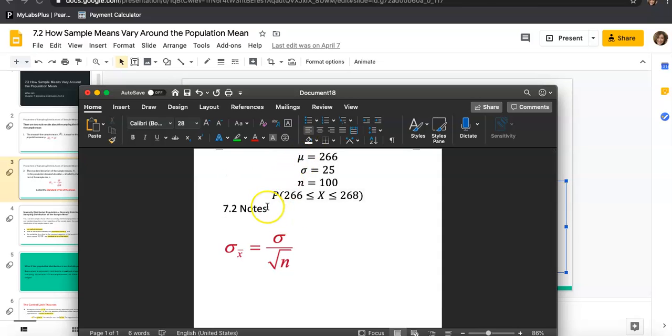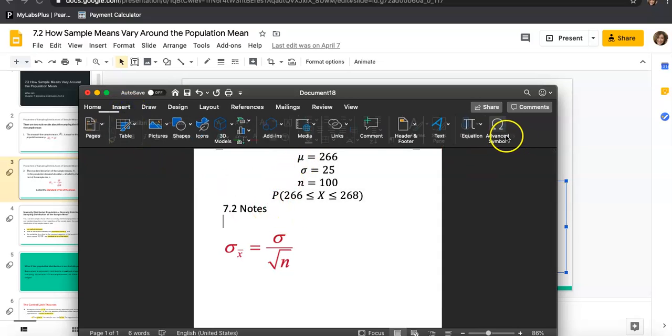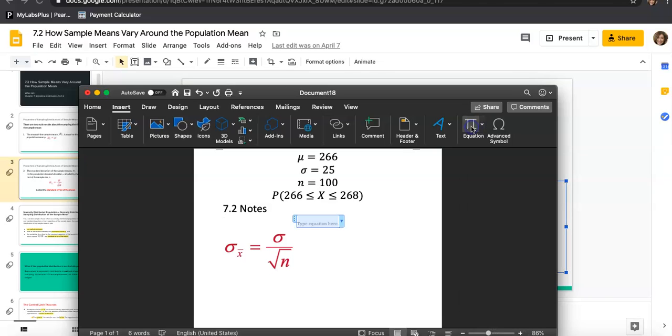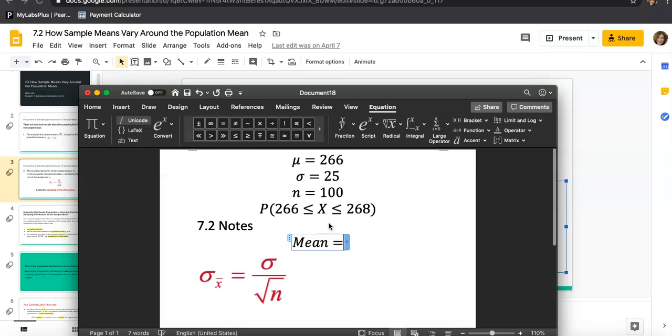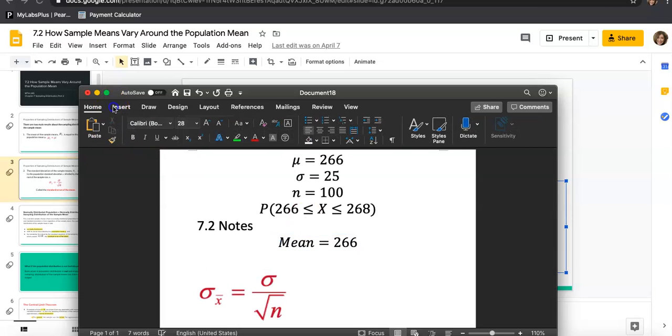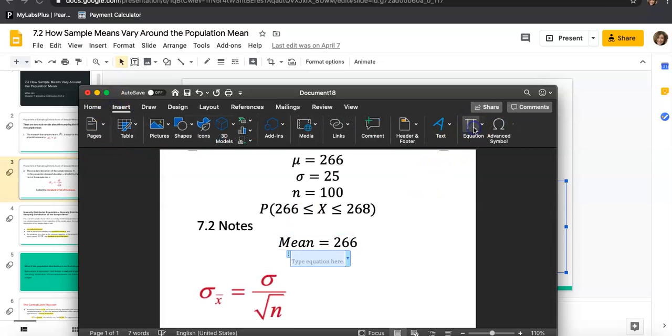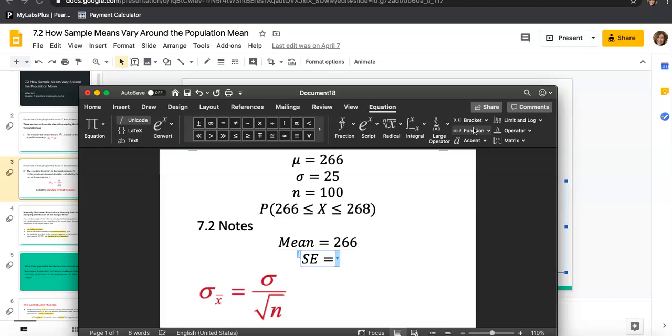So I'm going to go ahead and just say mean equals 266, but standard error, I'll call it SE, equals fraction. We need to put standard deviation of the population divided by square root of the sample size, which is 100, right?